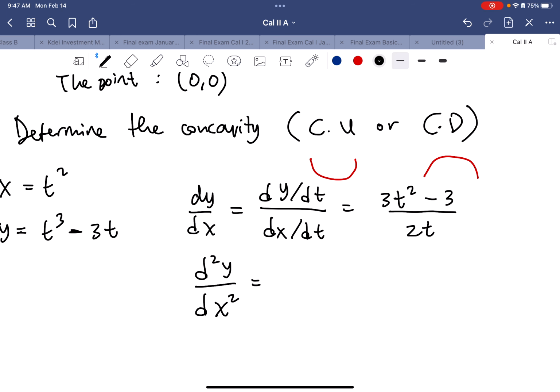Second derivatives from this dy over dx. Any idea? Or we can just derive this. So 6t divided by 2, 3t. Is that okay? What is the second? Any idea how? Or what is the second derivative?